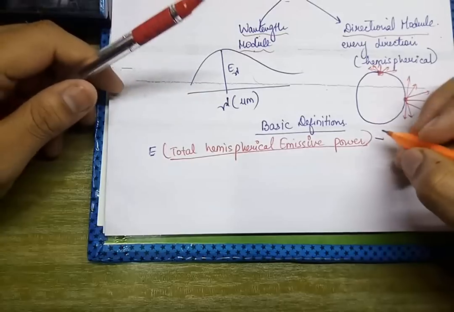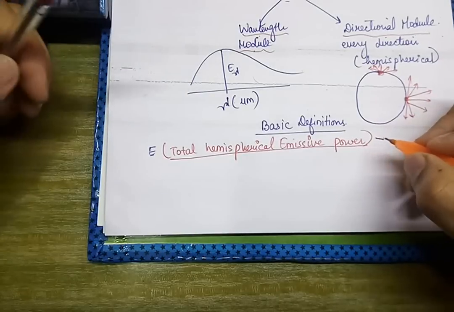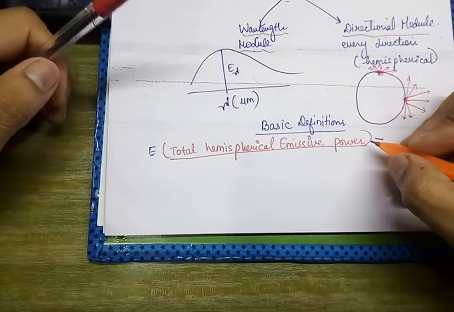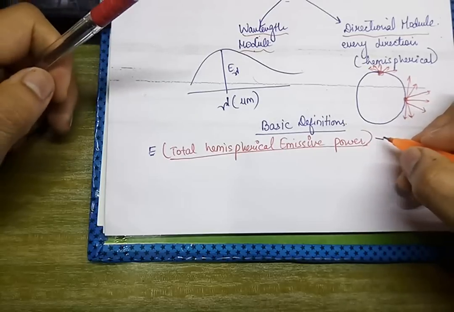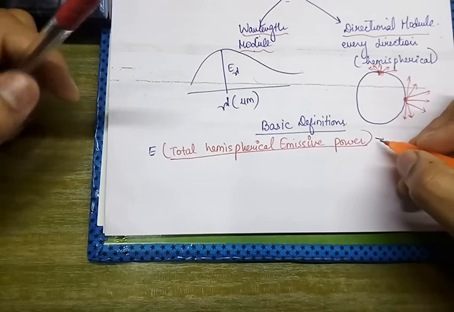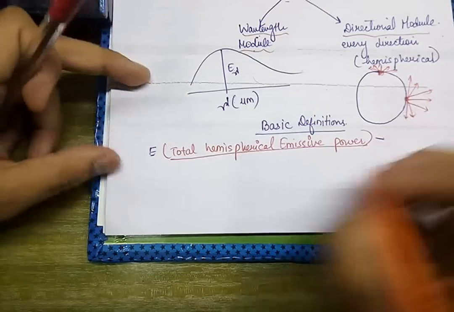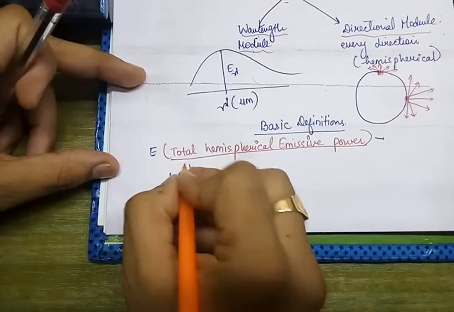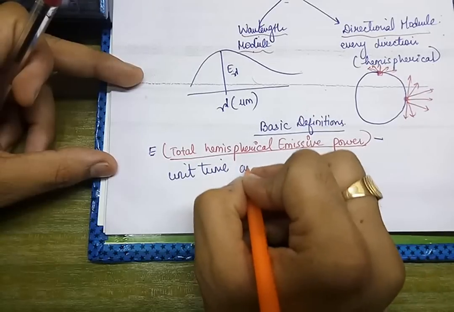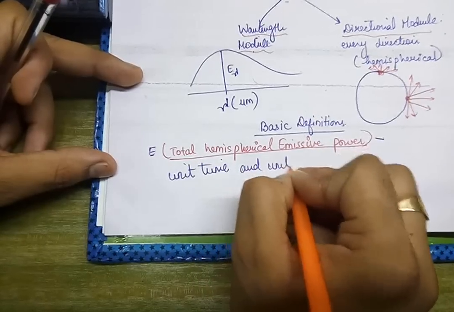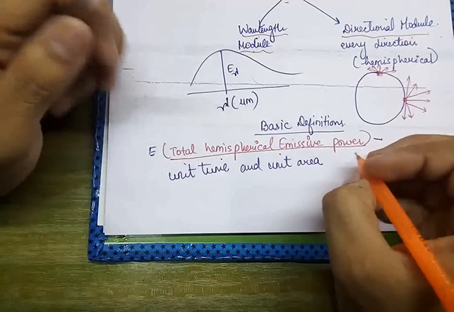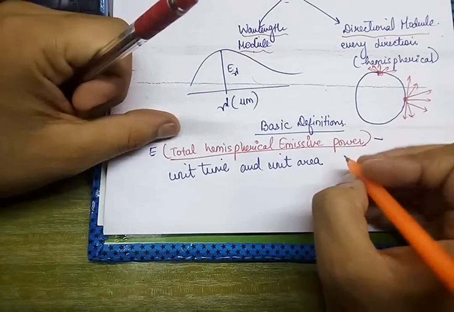So it is defined as the radiation energy emitted from a surface or a body per unit time and unit area in all possible hemispherical directions.